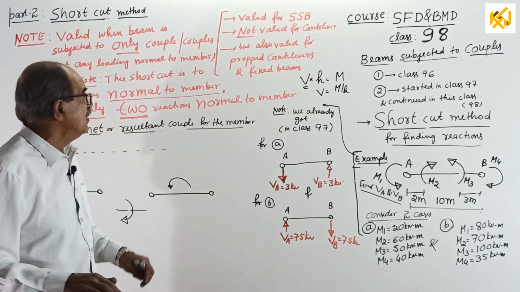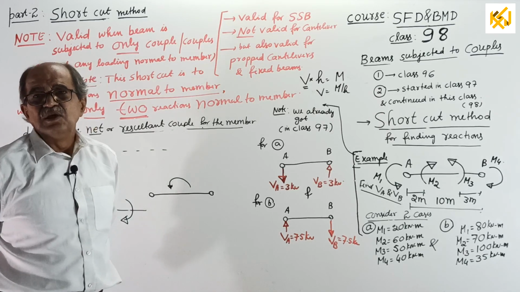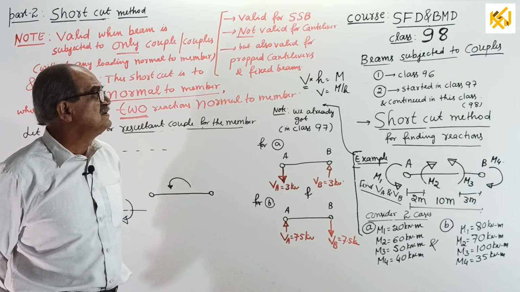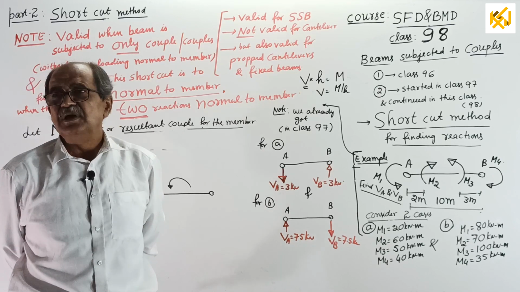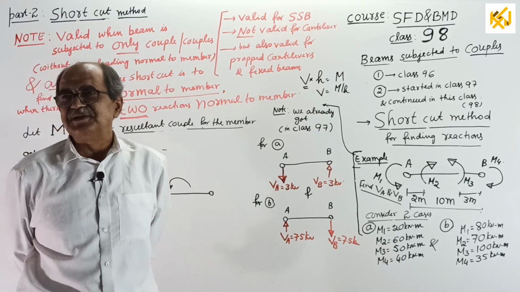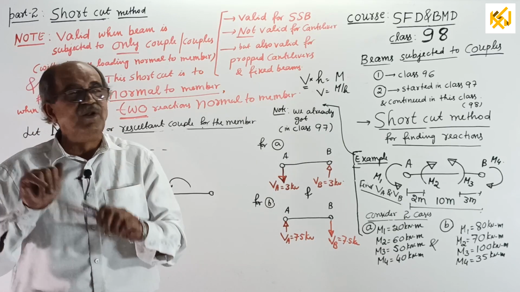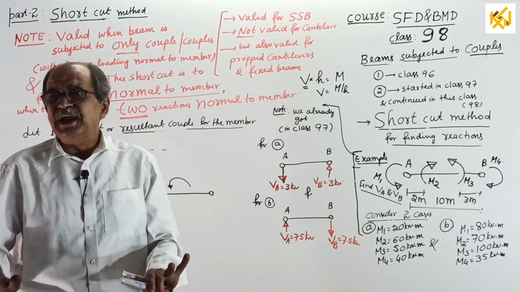Crystal clear. By just looking, you will tell whether the BM is plus or minus. In many places they tell you that for a clockwise couple the BMD jumps, and for an anti-clockwise couple the BMD drops. Completely wrong. That statement is not right. BMD is neither jumping nor falling. It will remain there only.